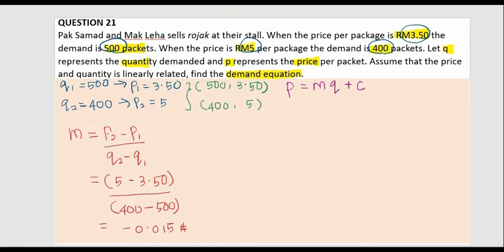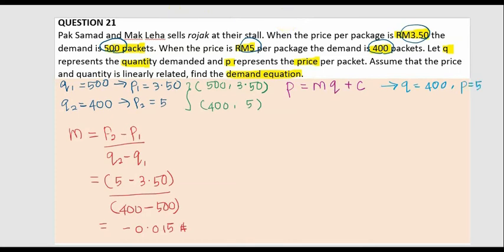Okay. Di sini, anda boleh pilih, okay, mana-mana satu koordinat untuk dimasukkan ke dalam P dengan Q di sini untuk kita cari nilai C. Okay, so saya pilih yang kedua, maksudnya di sini kuantiti saya pilih sebagai 400 dan price-nya 5.